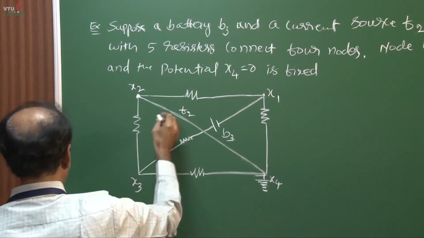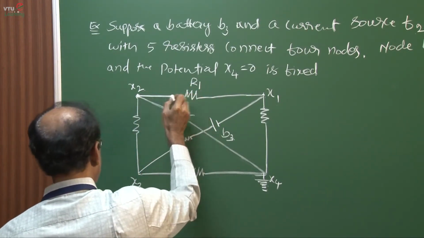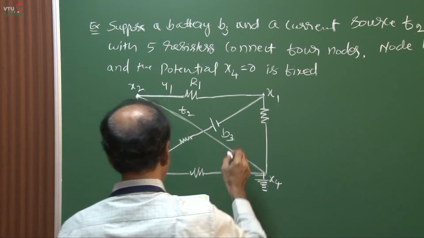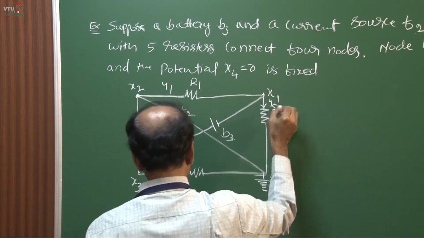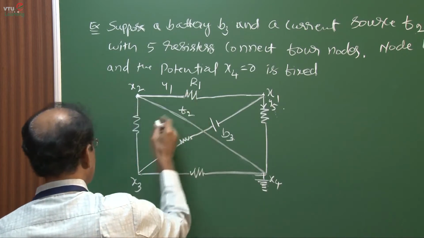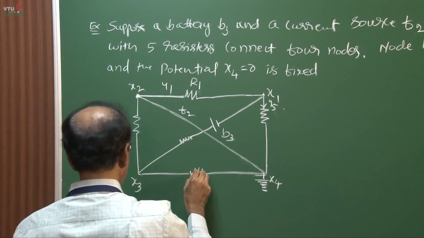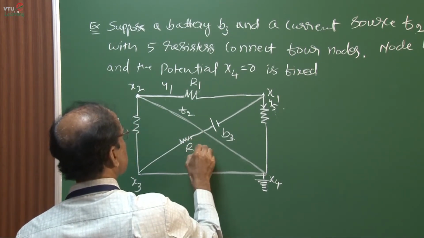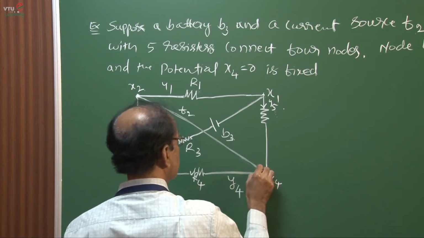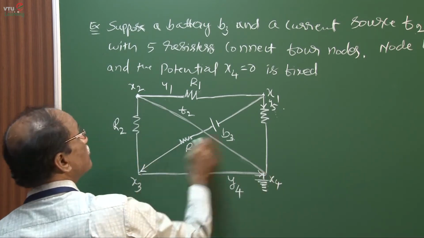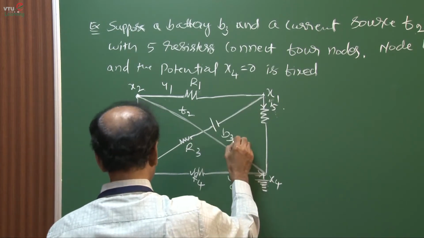This is called F2. Now this is resistor 1 and the flow of the current in this direction is Y1, and the flow of the current in this direction is Y5 here, and this is R1, this is R2, that is resistor number 1, resistor number 2, and this is R4 I am taking, this is R3, as given according to the question, and this is Y4, here it is, and this is from X1 to X3, the flow direction from X1 to X3, and this is battery B3.